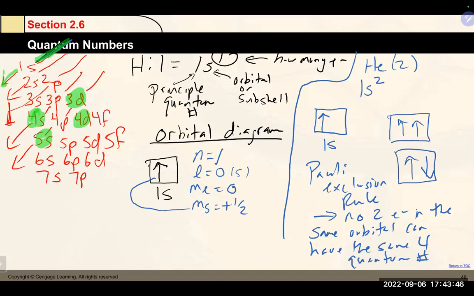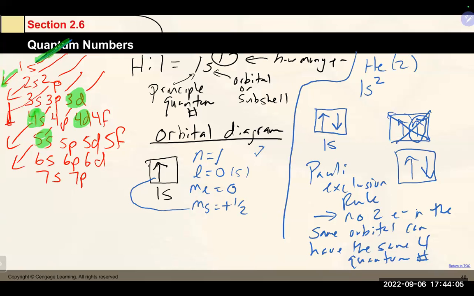So basically what that means is we cannot put our second electron in there the exact same way. Otherwise, it will end up with the exact same 4 quantum numbers, which means we can't do that. That means that our next electron does need to go in the opposite direction.